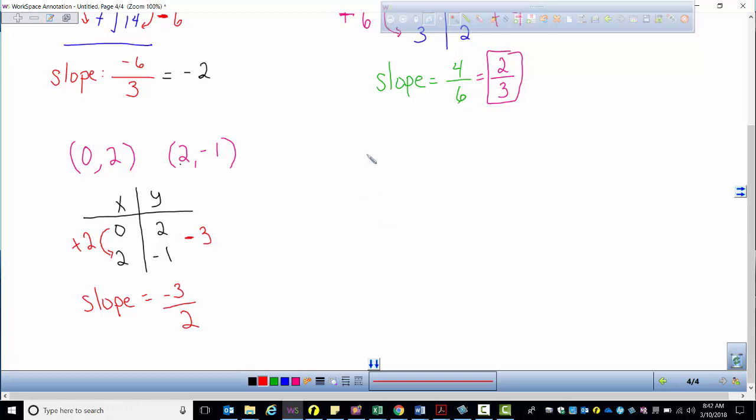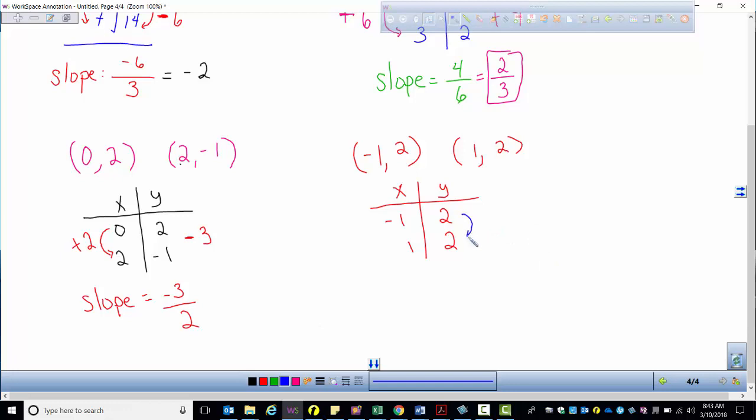All right, let's try one more. Let's say I have negative 1 and positive 2, and then positive 1 and positive 2. So I'm going to make my table, x and y. I have negative 1, positive 2, positive 1, positive 2. So look at your pattern.